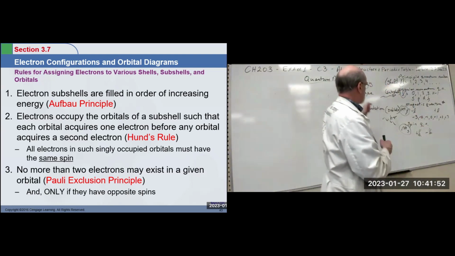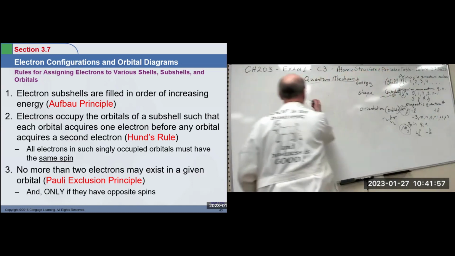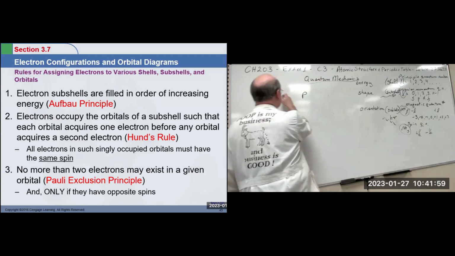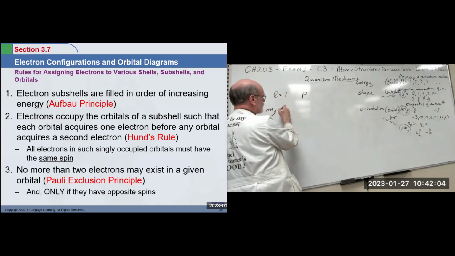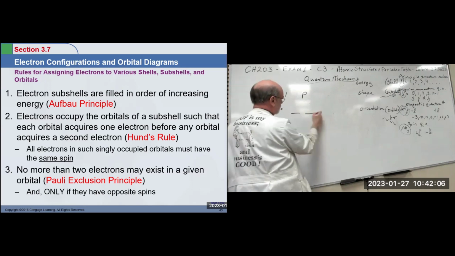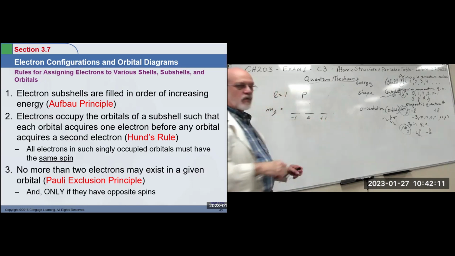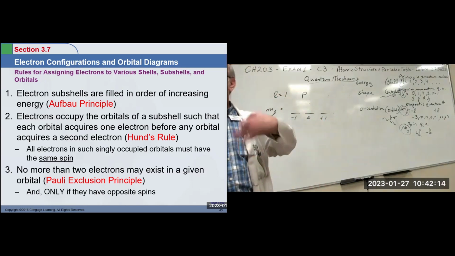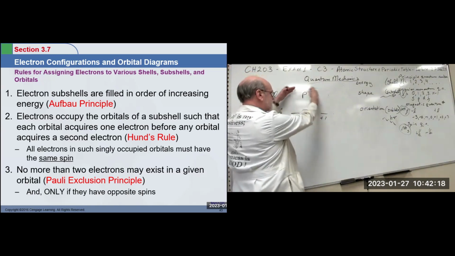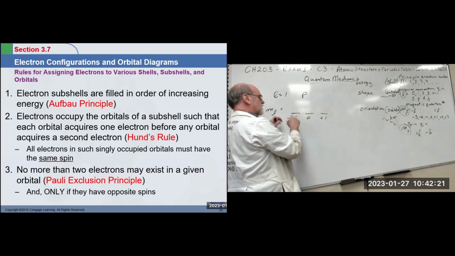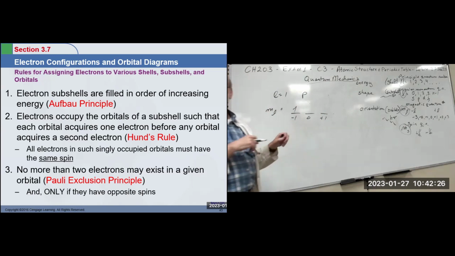When you go from here to here, let's use p orbitals. If l equals 1, then you have p orbitals. The m sub l is then going to be -1, 0, and +1. What Hund's rule says is, as you're building your atom and adding electrons in at this level, if your atom needs an electron, it goes there.